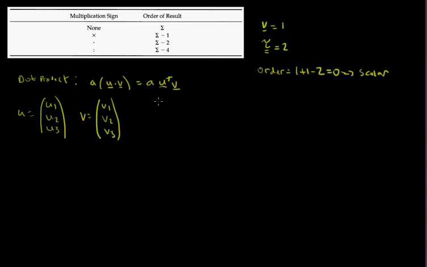The scalar doesn't really play a part in the multiplication. You just pull it out front. So A times U dot V is equal to A times the transpose of U. So we're going to flip it across the main diagonal.